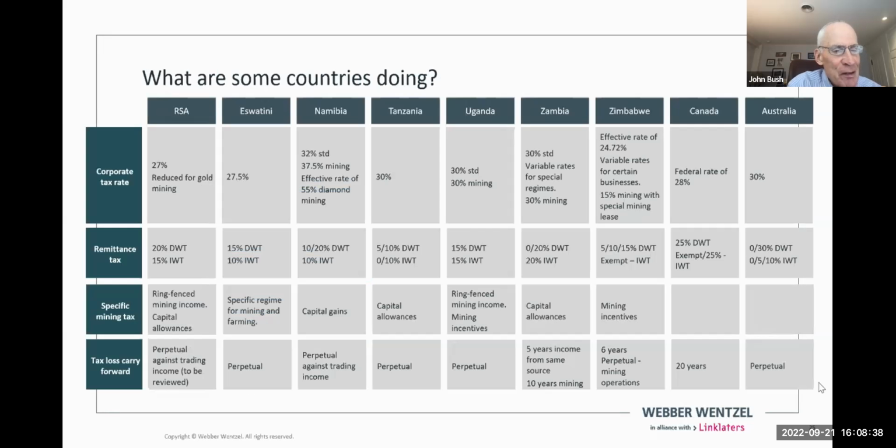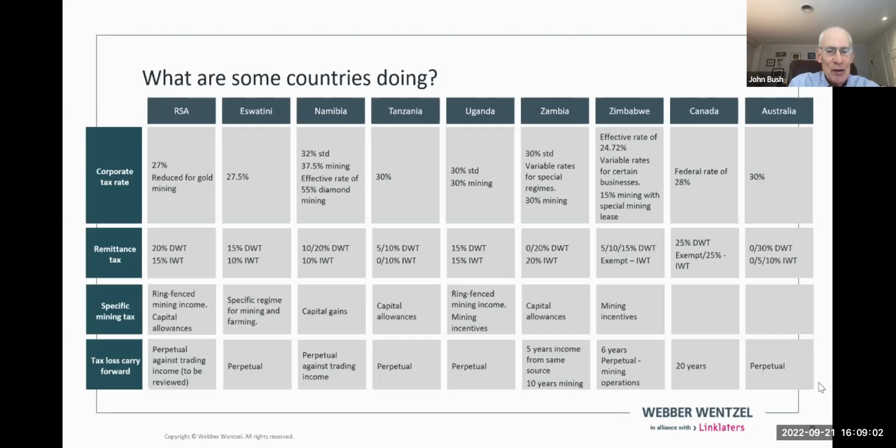It's sort of interesting in tax loss carry forwards that most of the countries have perpetual, and not all of them, obviously some limits in some of these countries, but it's been a forever argument in the US. Can you take a loss and carry it back? And I don't see that being a provision here.